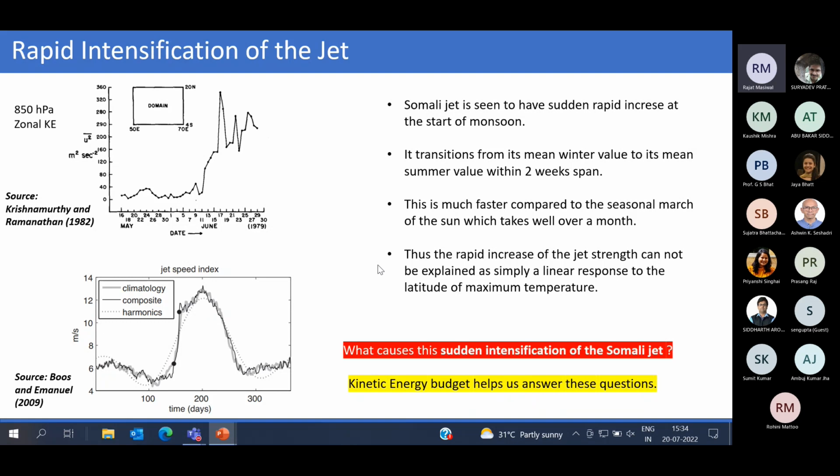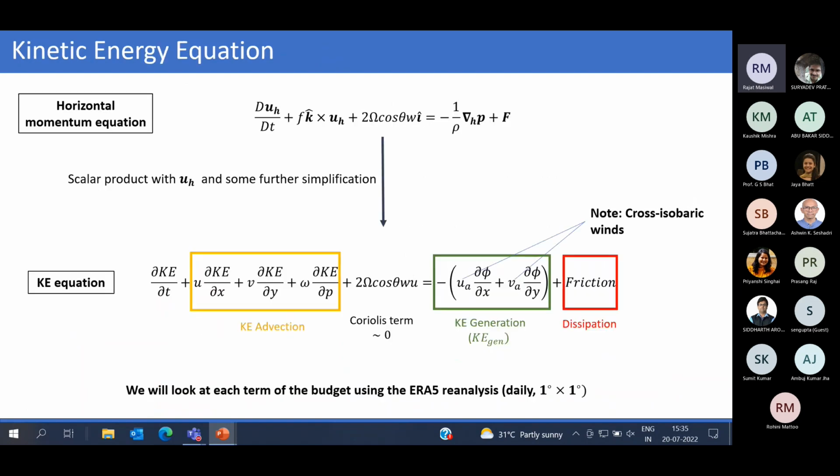Thus, this rapid increase of the jet cannot be explained simply as a linear response to the sun moving to the northern hemisphere. So the second question we ask is: what causes this sudden intensification of the Somali jet? And the kinetic energy budget helps us answer these two questions.